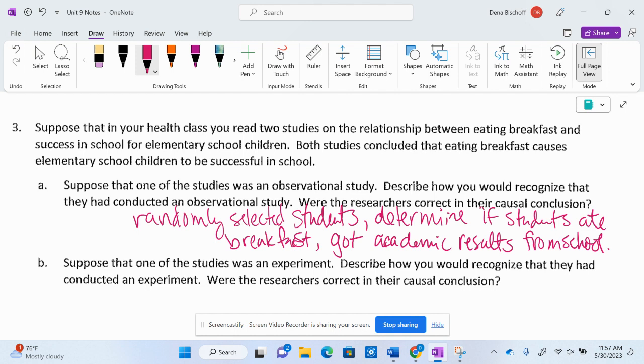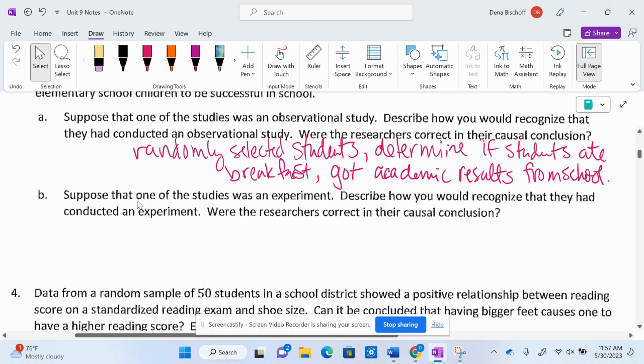So it says, suppose that one of these studies was an experiment. So if it was an experiment, could we determine cause? Yes. But the problem with it being an experiment is, what are our 2 groups going to be? Like, what's the treatment that we give them? Some kids get breakfast, some kids don't. So if we did an experiment, how would we recognize that?